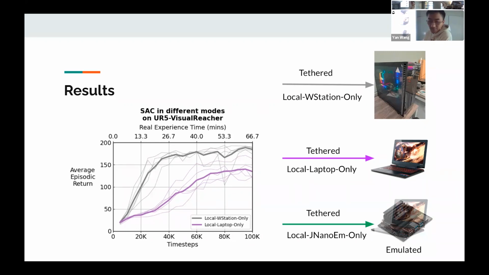Last, the green curve shows the performance of stack on the emulated Jetson Nano. This variant struggled to learn a comparable policy within the same time frame. The result confirmed our hypothesis that the performance of a resource-demanding learning system like stack would degrade substantially on a resource-limited computer. Do you have any questions?